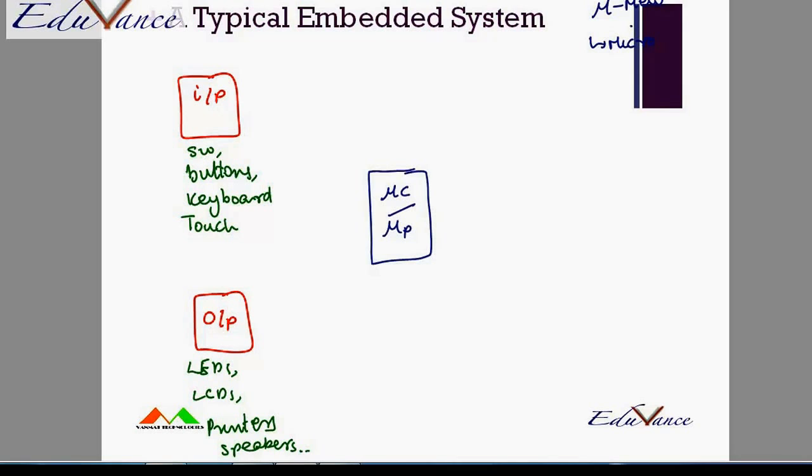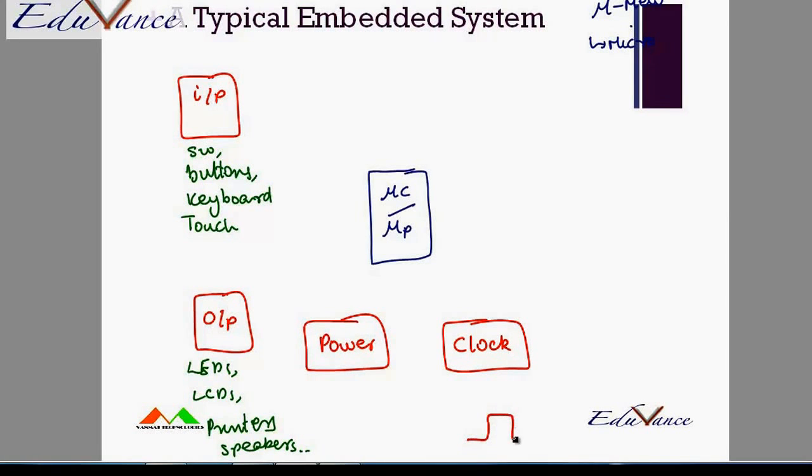In an embedded system you also have power, because without power there is no functioning. Then you also have the concept of clock, because all the digital devices, they work on clock. If you know that this is clock.